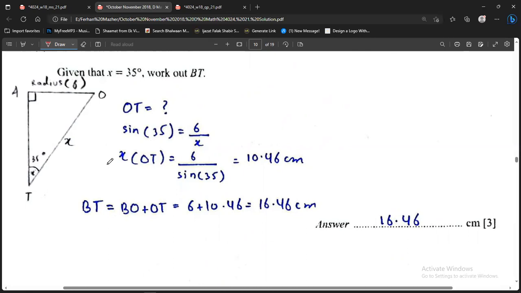So it will be 6 divided by, you see, so the x is basically OT. And that will be 6 divided by sine of 35, that is 10.46.